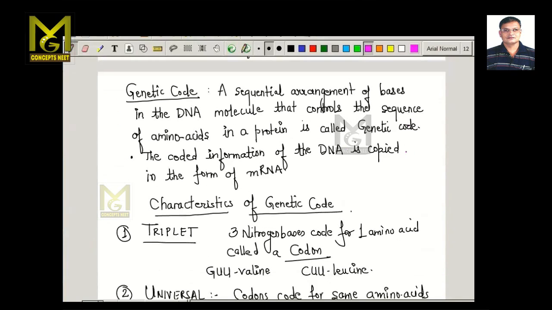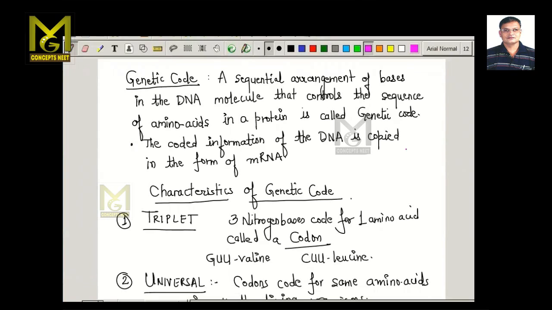Coming to the genetic code, by definition, it is the sequential arrangement of bases in the DNA. If this is the DNA, these are the nitrogenous bases present on the DNA, which control the sequence of amino acids in a protein. This DNA is transcribed into messenger RNA so that these bases are copied here, and this gives rise to a protein.